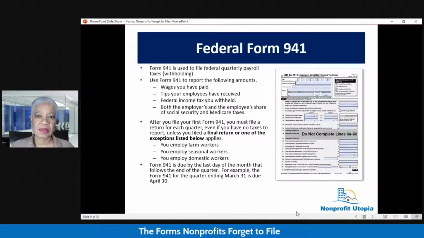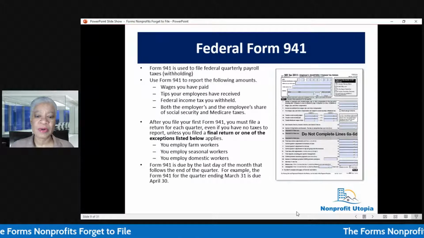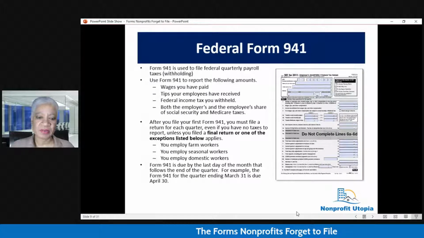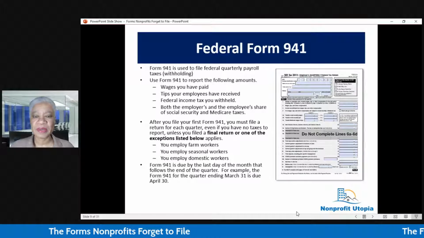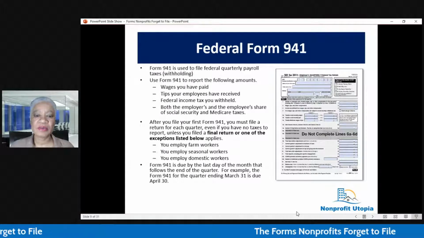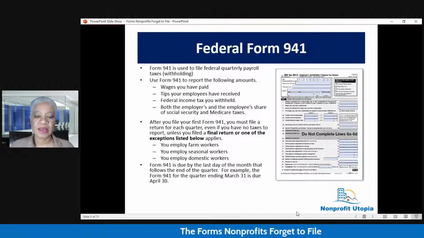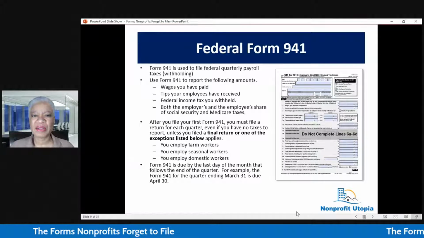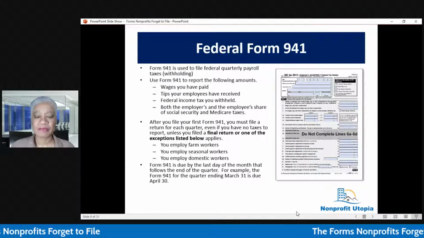So the only time you don't have to file is if you decide to dissolve the corporation and you're going out of business, right? Or if you employ farm workers, seasonal workers, or domestic workers, and those typically don't apply to nonprofits.